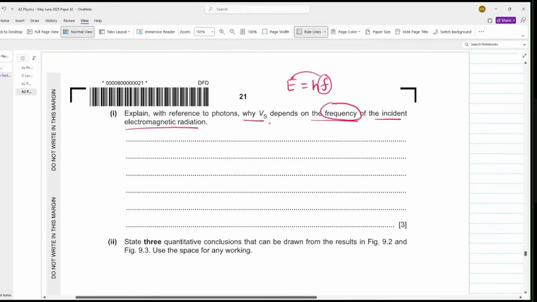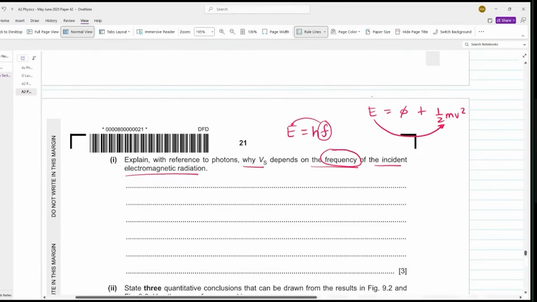The energy of a photon used to get divided into two components: work function plus the kinetic energy of the electron. If the energy of a photon increases, the kinetic energy of the electron will also increase. If the kinetic energy of the electron increases, you will require a higher voltage to stop the electrons, to cause the current value to fall to zero.